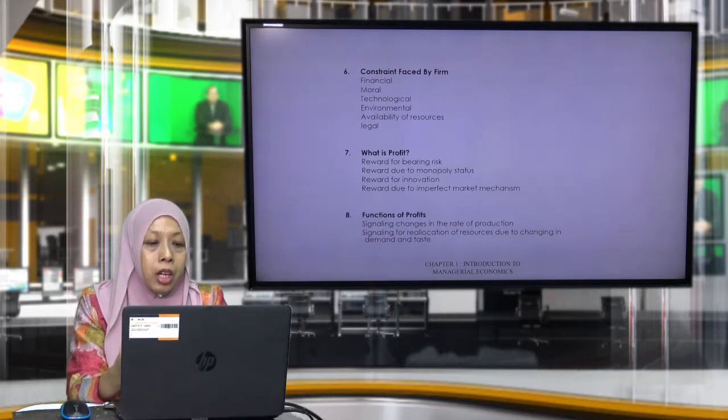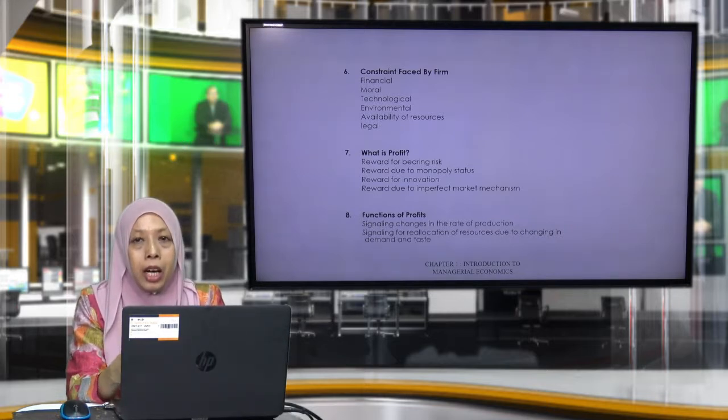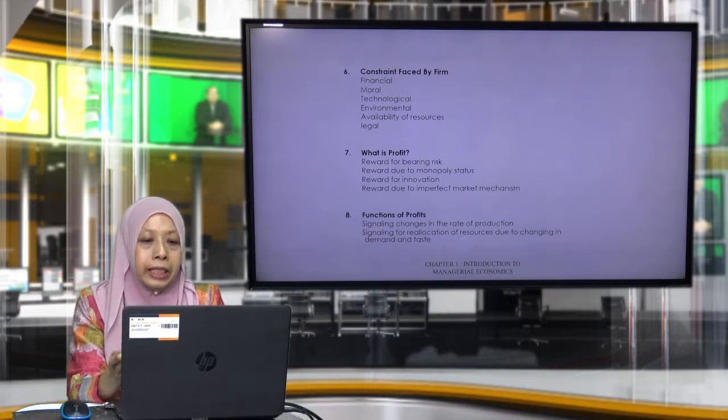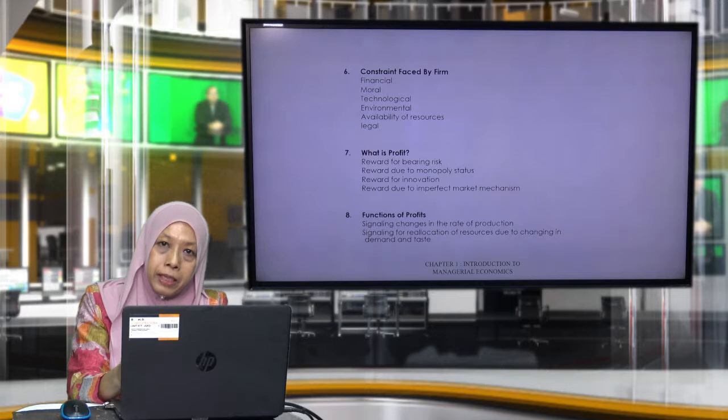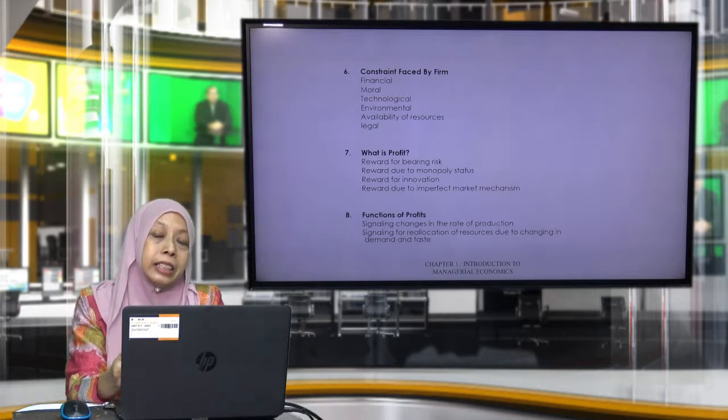Entrepreneurs are the ones who have to think about how best to combine the resources, and what number of labour and capital they need to use. For the risks that they bear, they are going to get profit. So profit is the reward for bearing risk.